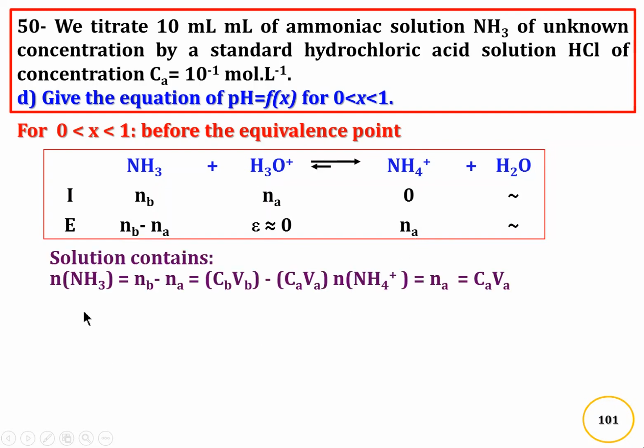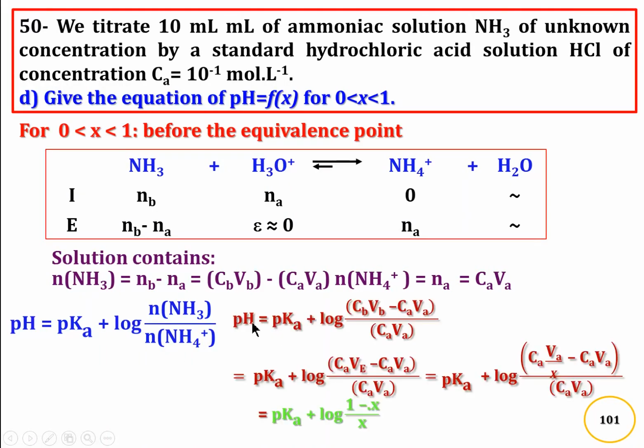So in the final solution, we will have NH3 and its conjugate acid NH4 plus, and the pH is given according to the Henderson equation, pH equals pKa plus log concentration of the base at equilibrium divided by the concentration of the acid at equilibrium. The number of moles is constant, the volume is constant, so pH equals pKa plus log N ammonia divided by N ammonium.